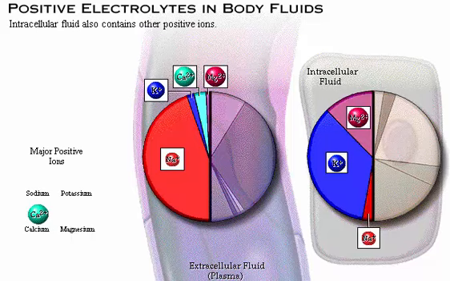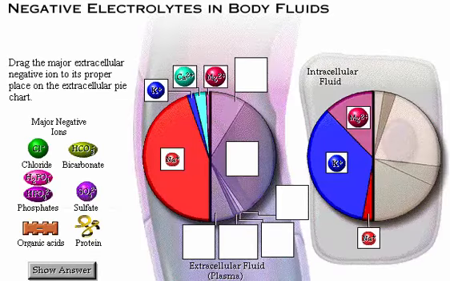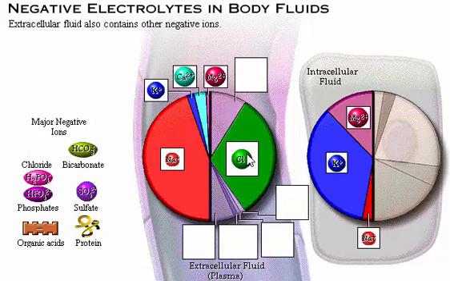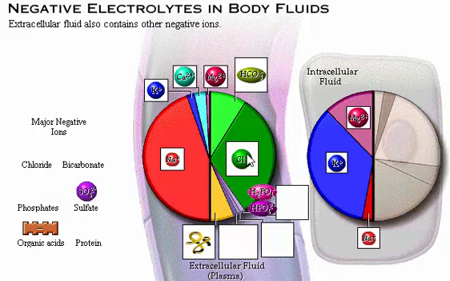Drag the major extracellular negative ion to its proper place on the extracellular pie chart. Other negative ions found in the extracellular fluid are protein, bicarbonate, phosphates, organic acids, and sulfate.